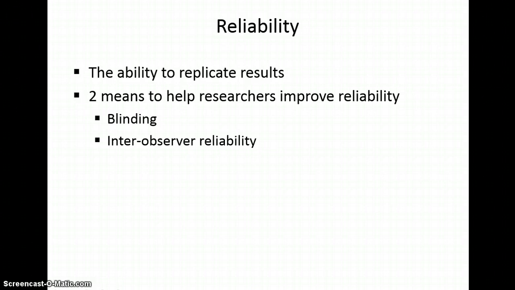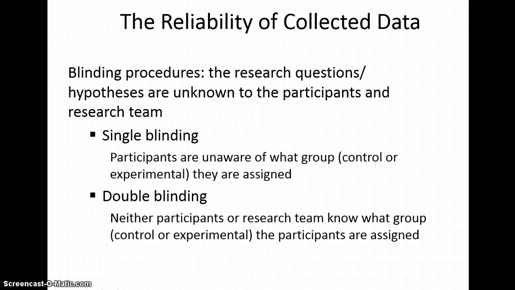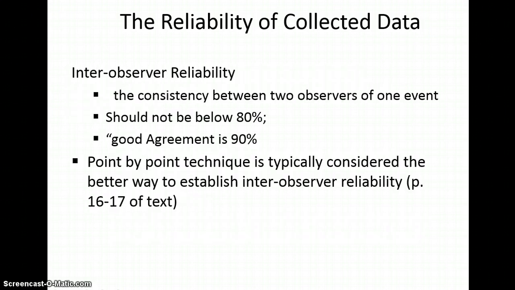Reliability is ensured by having researchers be able to repeat the results if they did it again. 2 means are described in the book: blinding, where the researcher and or the participants are unaware of what group or treatment they're receiving, and also inter-observer reliability. You want at least an 80% with 2 people describing and coding data sets.